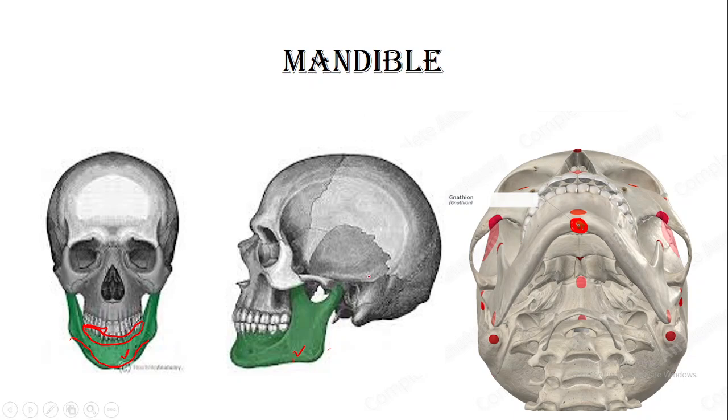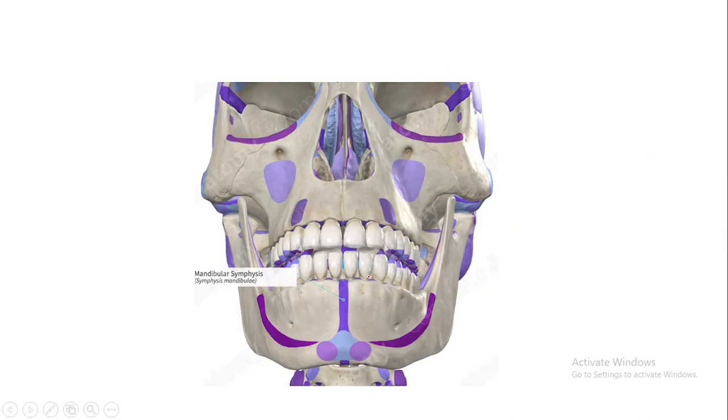The other surfaces present on the body of the mandible: there is an elevated line in the middle of the body of the mandible, which is called the mandibular symphysis or symphysis menti.